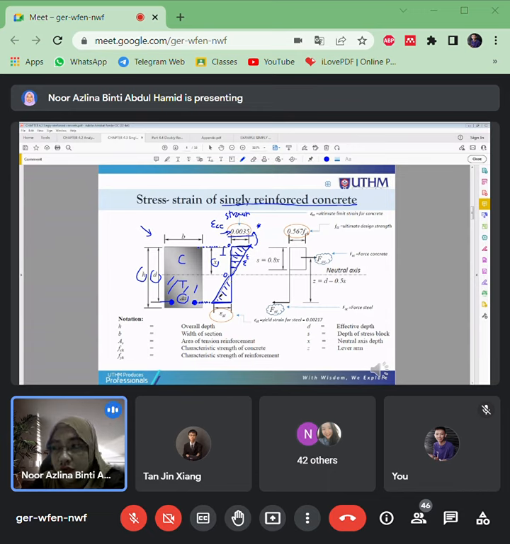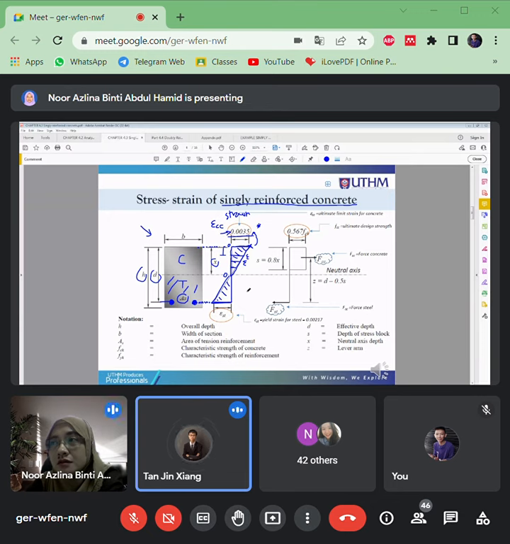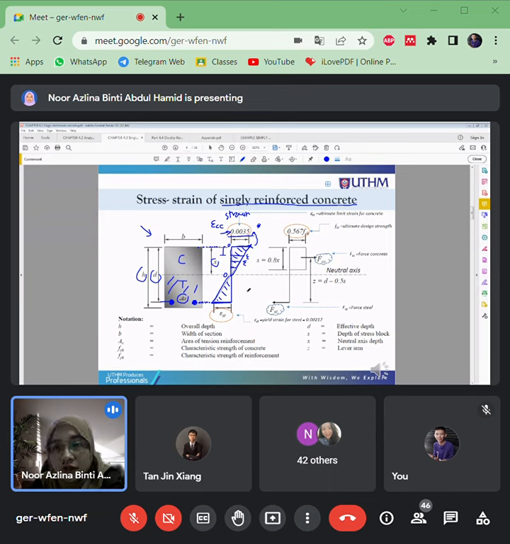Sometimes the question asks you to sketch the stress strain block diagram for the singly reinforced concrete beam ataupun stress strain block diagram for the doubly reinforced concrete beam. You have to know all of these values, all of these labels. Kalau strain concrete in compression, the maximum strain adalah 0.0035.